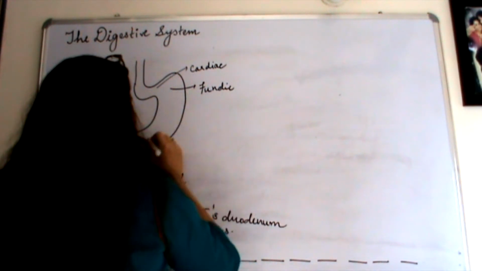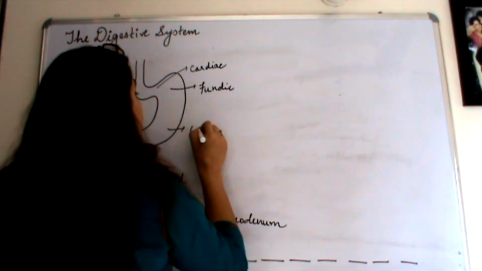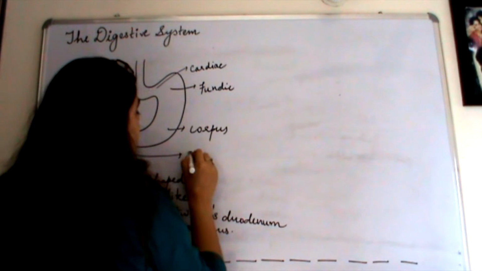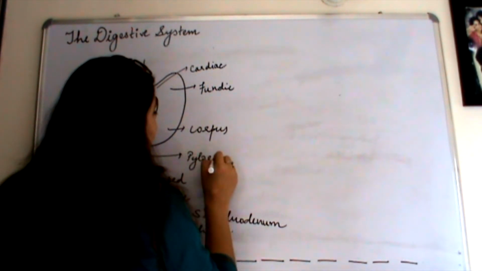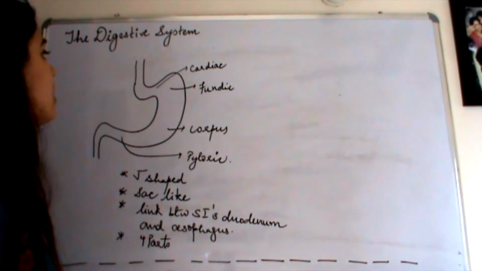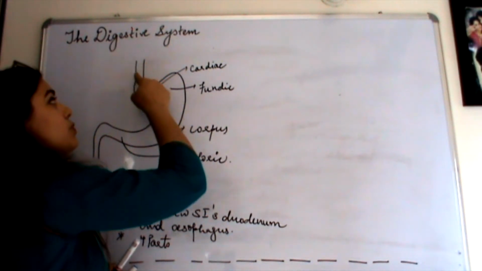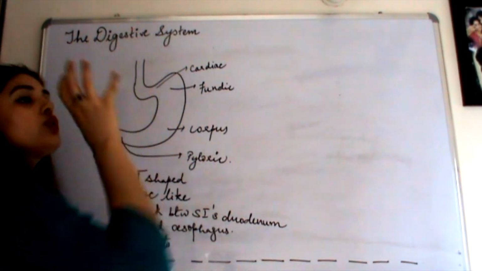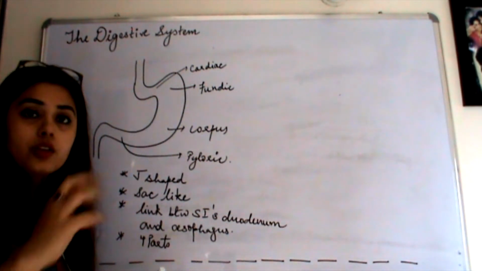This whole is the corpus, and the ending part is known as the pyloric. Right? So we know the 4 parts of the stomach. First is the cardiac, which holds the esophagus, from which the food enters the stomach.